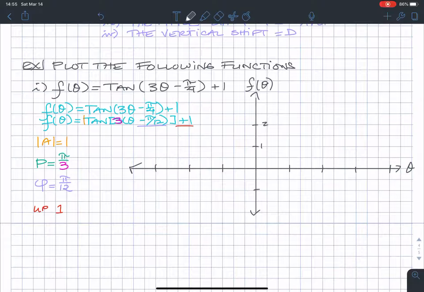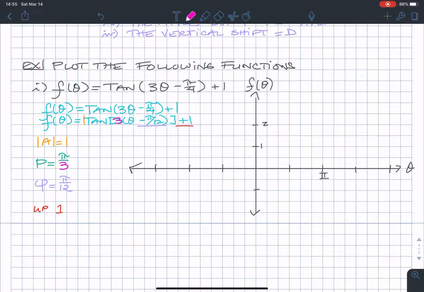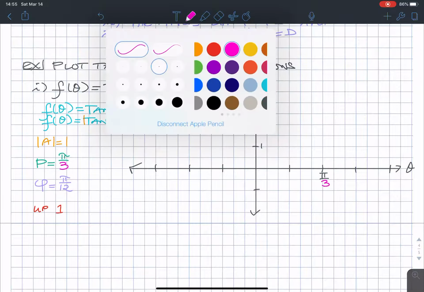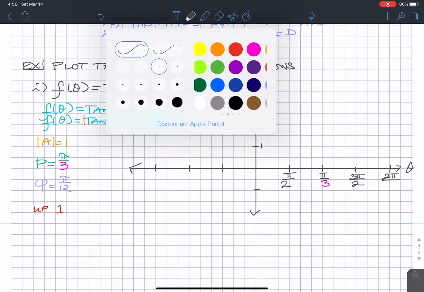Two quadrants is the normal period for tangent, but of course we're dividing that by the coefficient 3. So all the normal quadrants will be divided by 3, so nothing changes there.